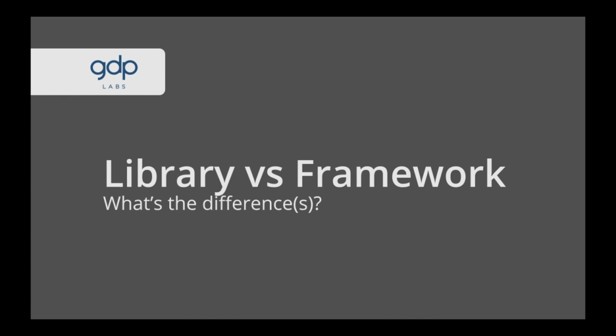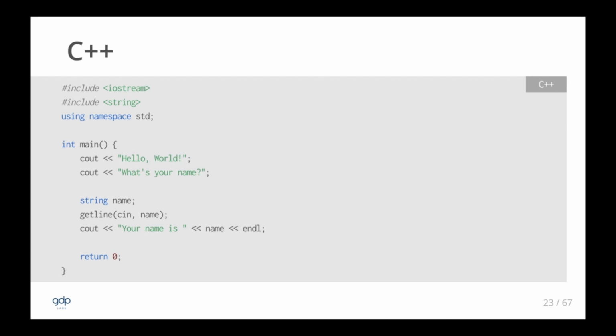Okay, that's dependency inversion. Let's switch to another topic, library versus framework. Don't worry, it's still related. So what's the difference between library versus framework? To be able to answer that, let's observe some code snippets. Observe the C++ program.